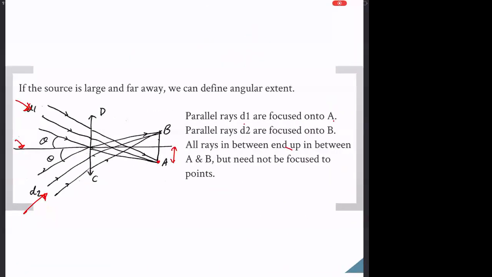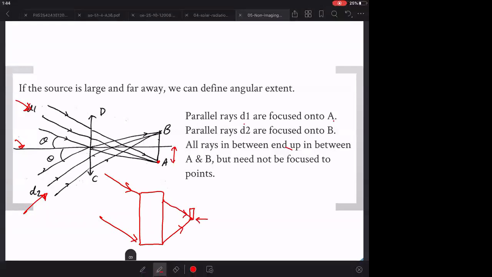This is essentially the crux of non-imaging optics, and I'm going to end here, but let me just say this one more time. I have an optical system. It doesn't have to be a lens. I drew a lens here, and I have a receiver here. Let's imagine a solar cell. All I'm saying is that if I have rays of light coming into the system at some angle, I ensure that all these rays are focused to one edge of this receiver.